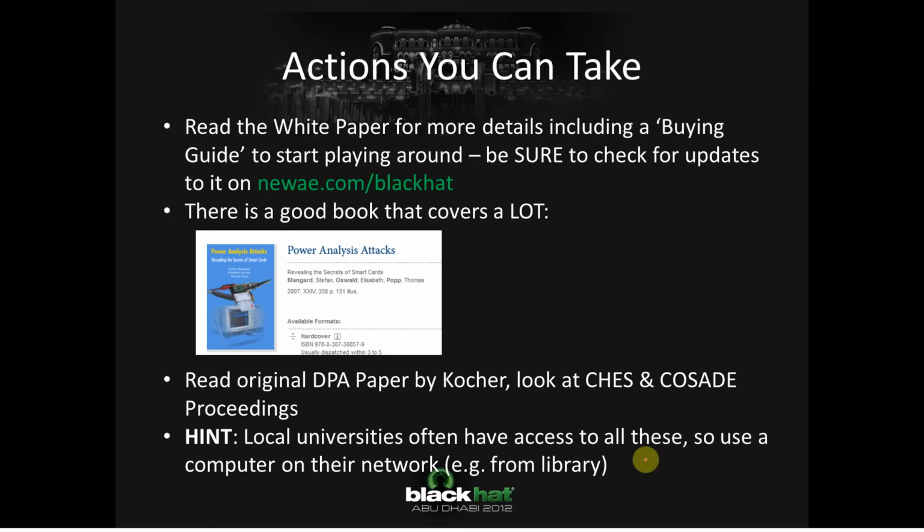Some scopes let you input a clock and sample on that. There's this great book I started out with myself, and it goes through a lot of basic stuff, and the book website has some example MATLAB codes. There's the original DPA paper by Paul Kocher, which is pretty interesting. It's very straightforward to read, actually, so I always recommend to start there.